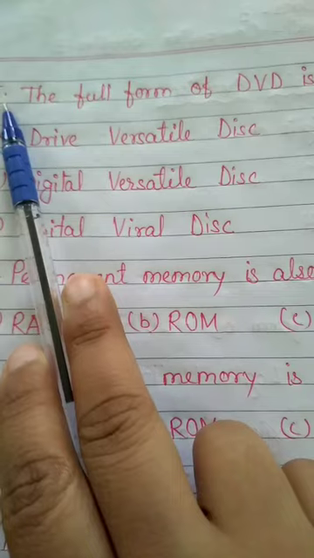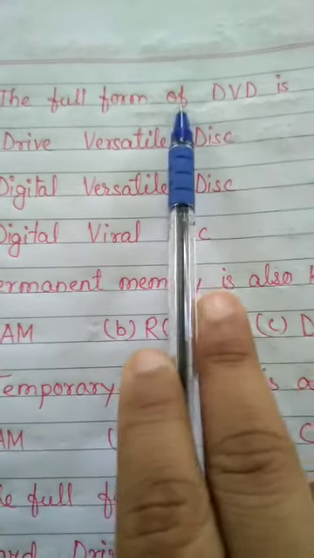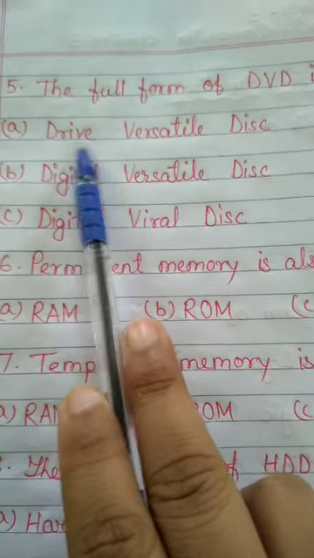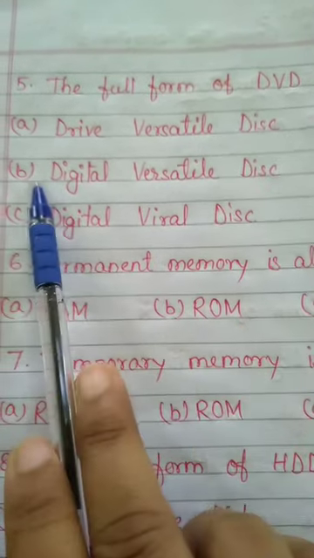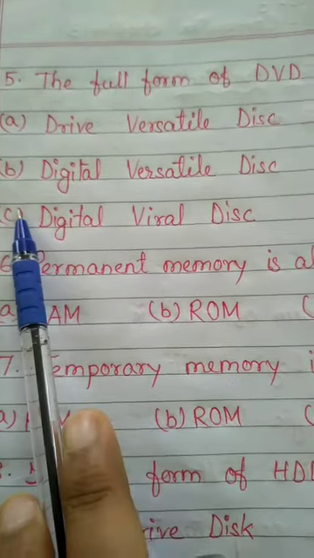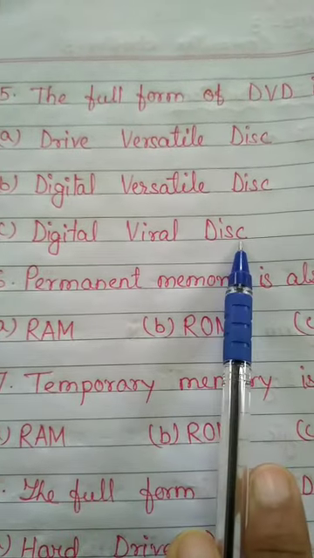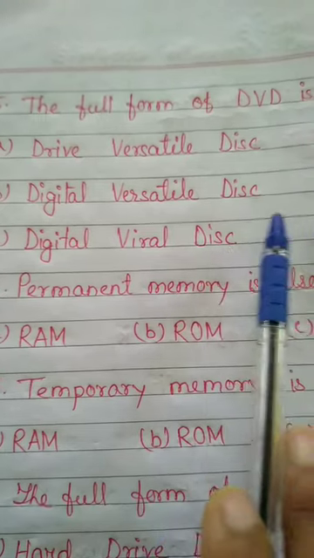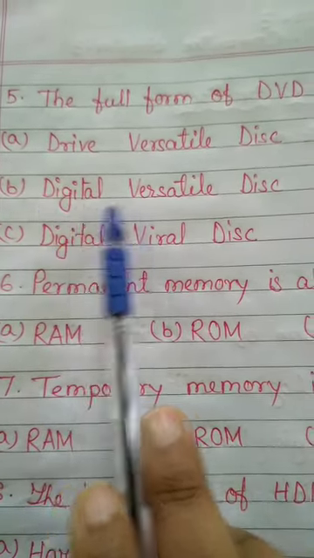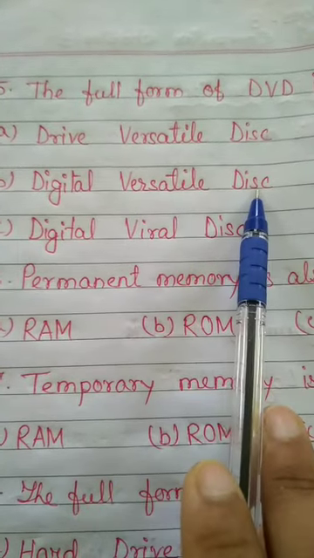Question number 5. The full form of DVD is option A drive versatile disk, option B digital versatile disk, option C digital viral disk. Which one is the correct option? Yes, option B is correct, digital versatile disk.